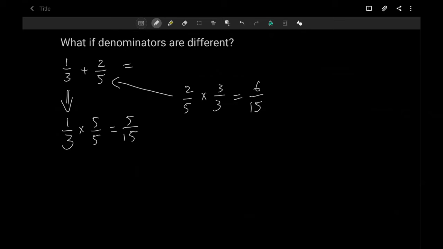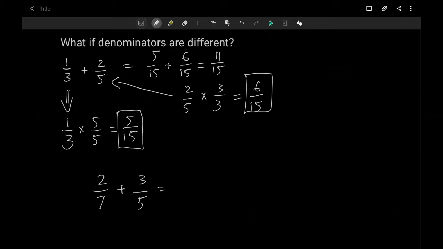As you can see, now we have two fractions where the denominators are the same, which means if you follow the rules, you can now add them. So it would be 5/15 plus 6/15, and the answer would be 11/15.